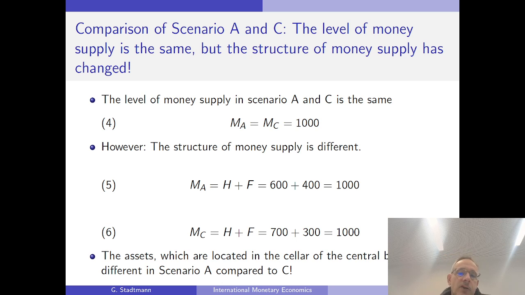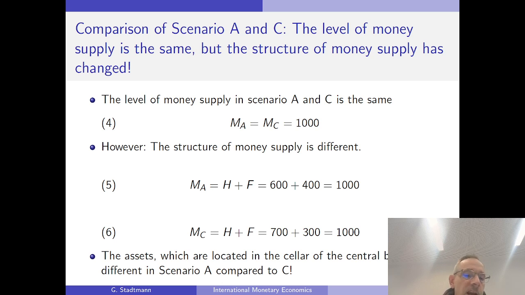However, the structure of money supply is different. In scenario A, the home component was equal to 600 and the foreign component was equal to 400. In scenario C, the home component is equal to 700 and the foreign component is equal to 300 units.